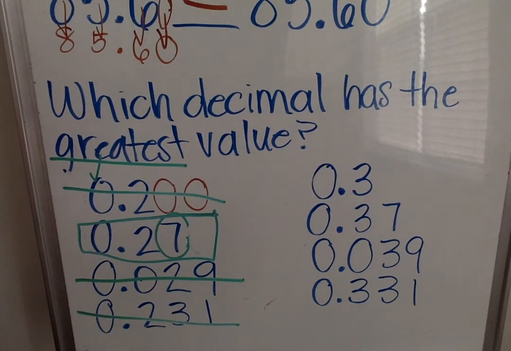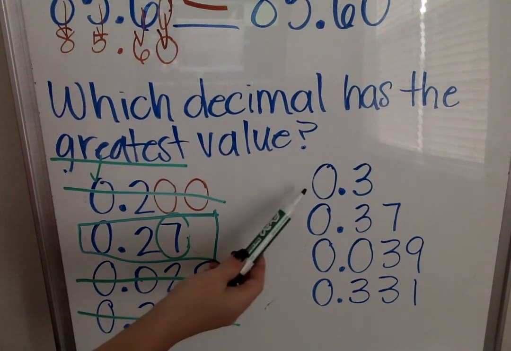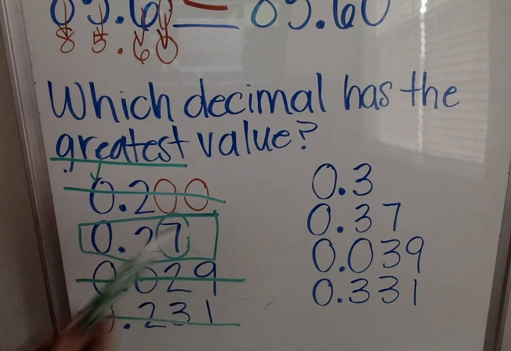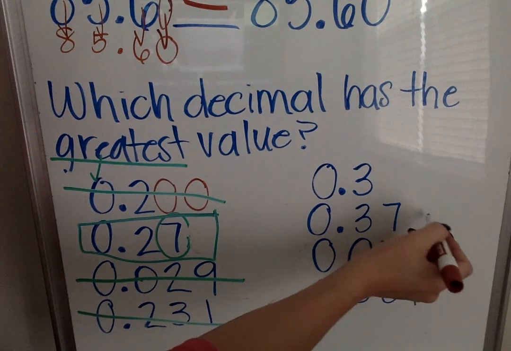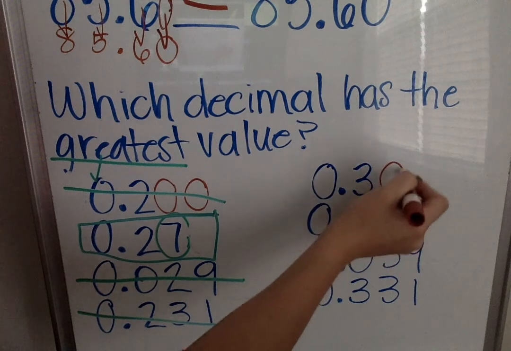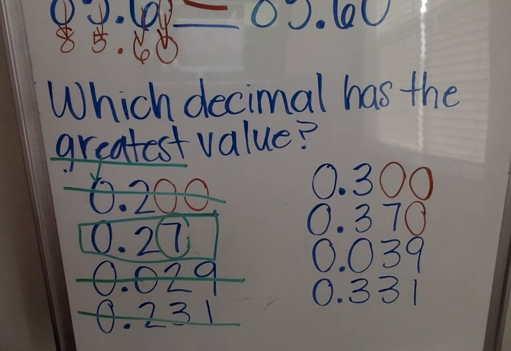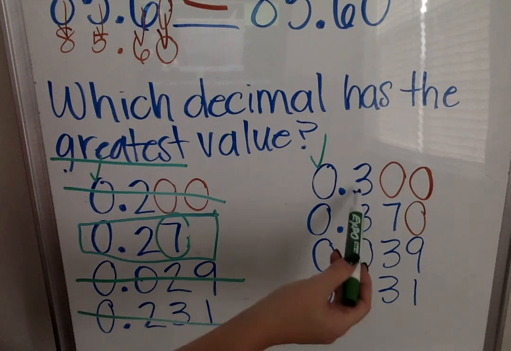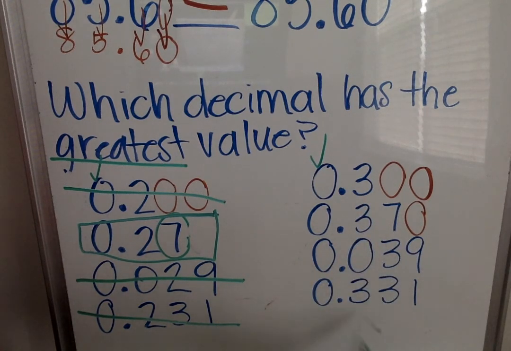So my next set of data over here, I have 0 and 3 tenths, 0 and 37 hundredths, 0 and 39 thousandths, 0 and 331 thousandths. So again, I'm going to line everything up, add my placeholders in there, and then I can start to compare. In the ones place, I have all zeros, so I can give them a check. In the tenths place, I have a 3, a 3, a 0, and a 3.